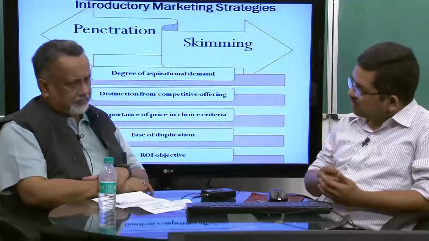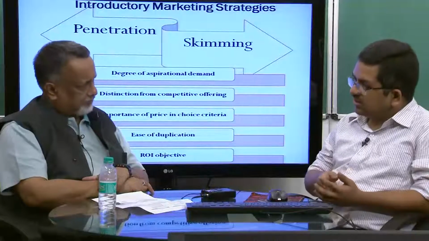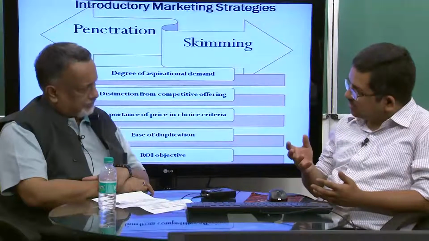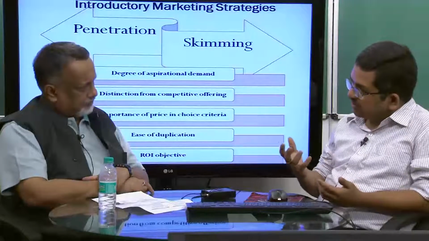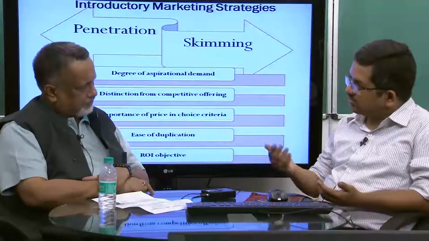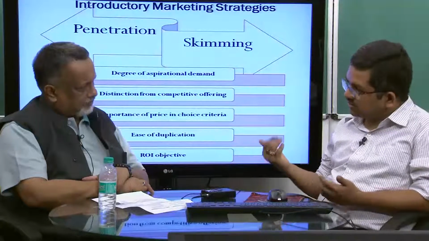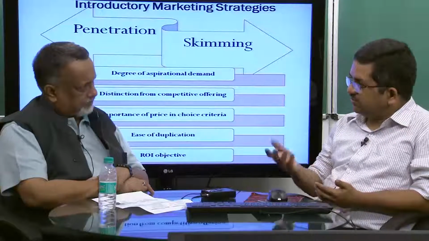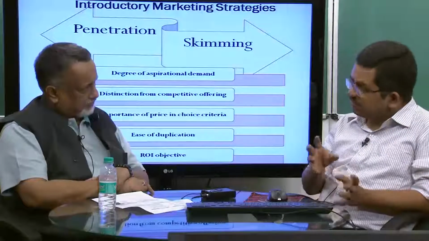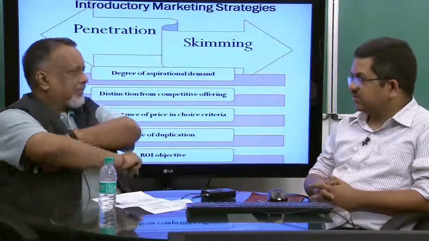And then, at the last, you have to look into the ROI, or the organizational objective, or what kind of profit an organization is looking for from that product, or what kind of objective a firm is trying to achieve through that product. So, that will probably give you the direction between penetration versus skimming.